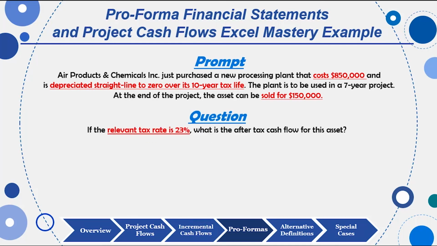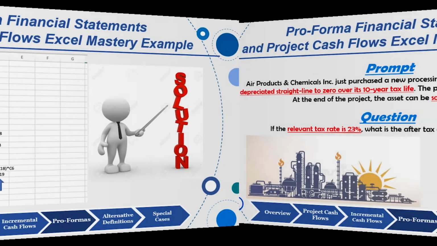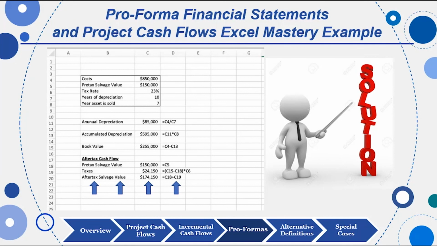Again, I want to calculate the after-tax cash flows for this project and see what it looks like. Again, what do? Income statement, balance sheet, statement of cash flows. I can key this into Excel according to this slide and see what the after-tax cash flows are on this project.